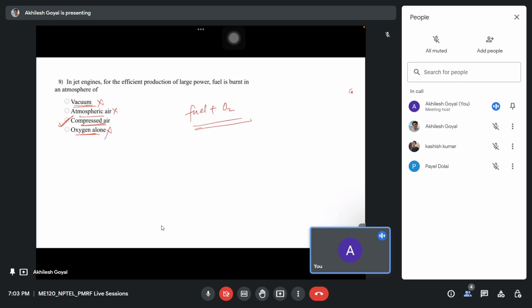These words jet, fan, and prop will help you recognize which engine is which. You will learn the basic differences, advantages, disadvantages, and their applications.